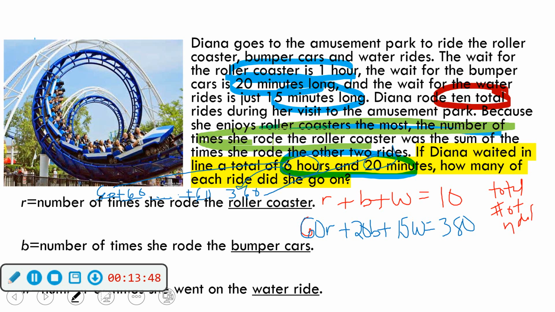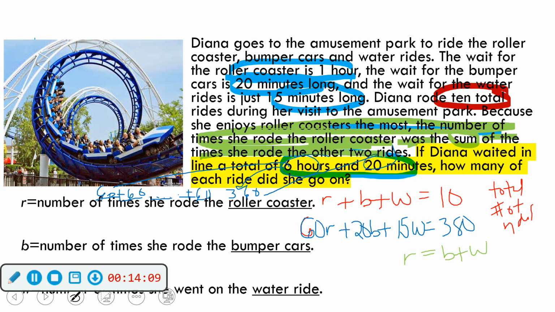In fact, the number of times she rode a roller coaster was equal to the sum. That means equal to adding. It was equal to the sum, or adding, the other 2 combined. So that looks like roller coasters, the number of times she rode them, is equal to the other 2 combined. I'm saying combined because sum means to add.